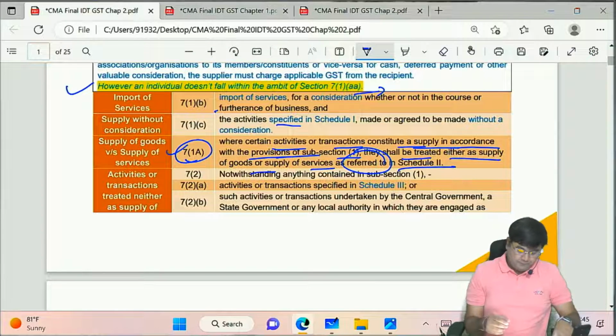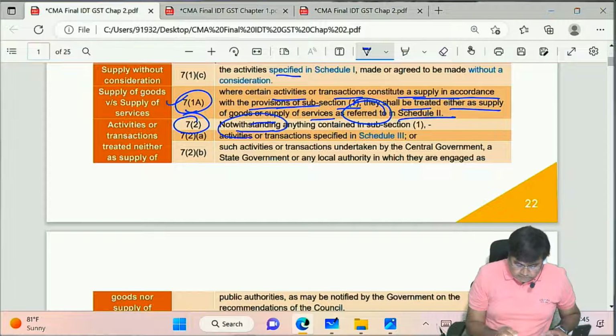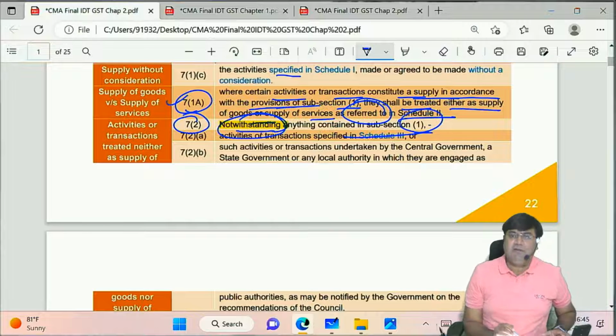Okay. Then section 7 subsection 2. This starts with "notwithstanding". Oh my God, notwithstanding anything contained in subsection 1. What is the relevance of notwithstanding? If in any provision or definition "notwithstanding" comes, how are you going to interpret it? Can anyone answer?